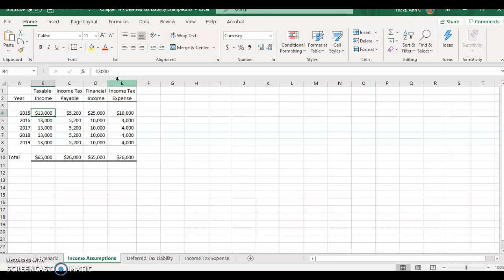So in 2015, under taxable income, we see $13,000, the $10,000 plus 1/5 of the $15,000 installment sale. And so as you look through the 5-year period, you see every year we're recognizing for taxable income the same dollar amount, and for the 5-year period, $65,000.